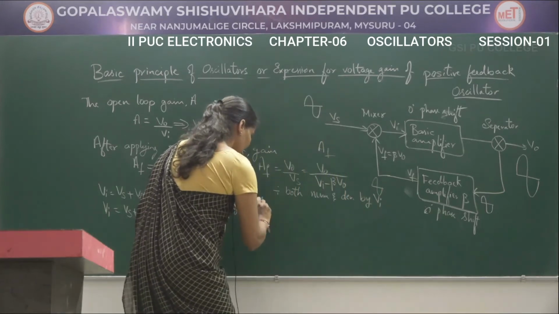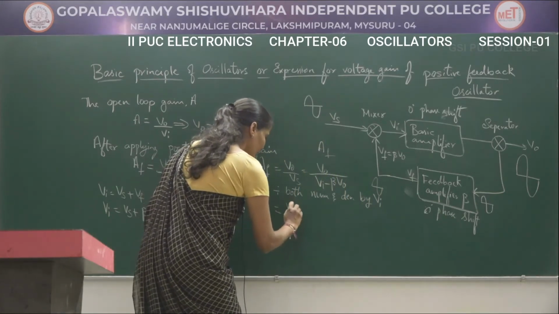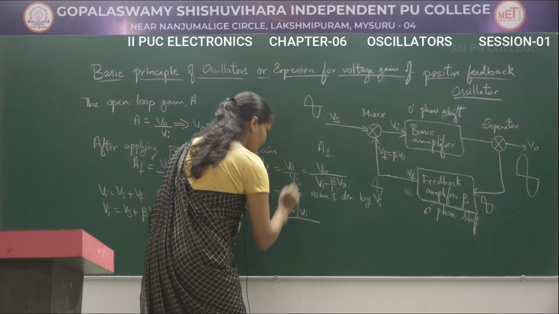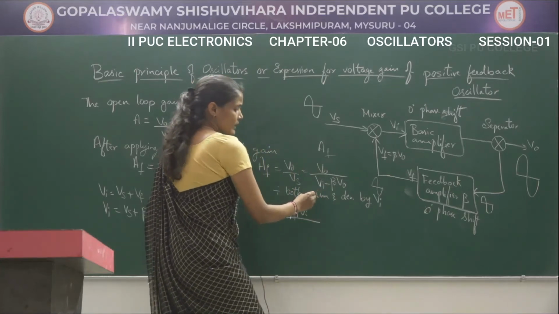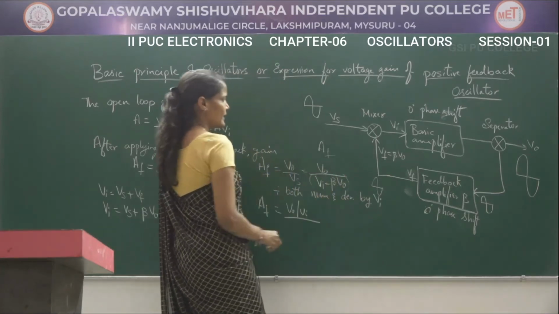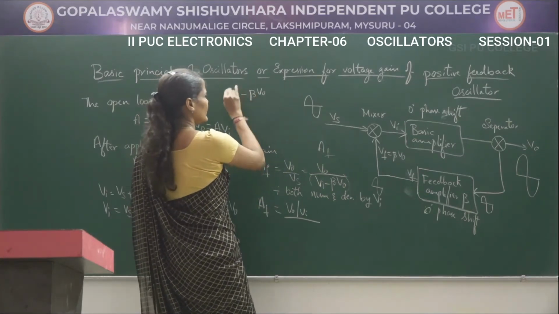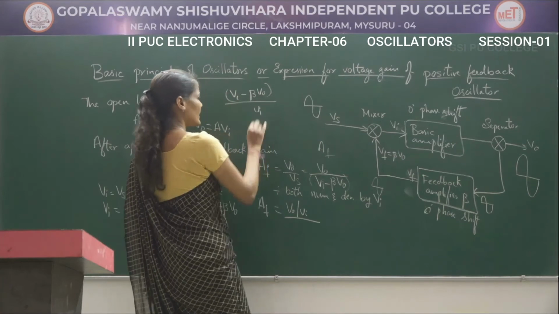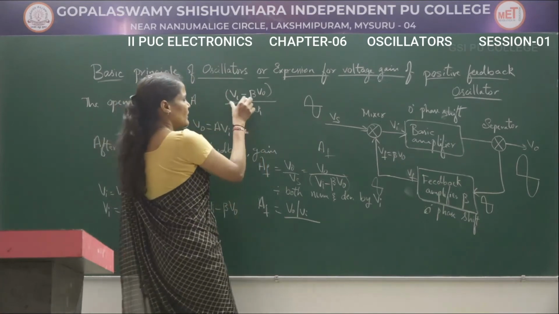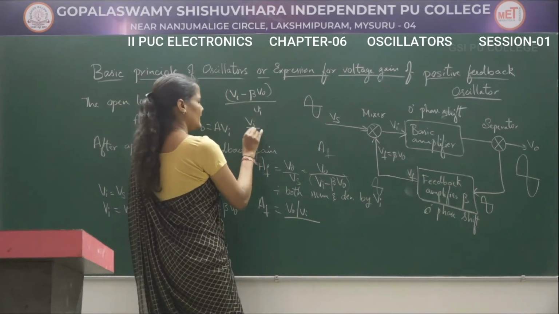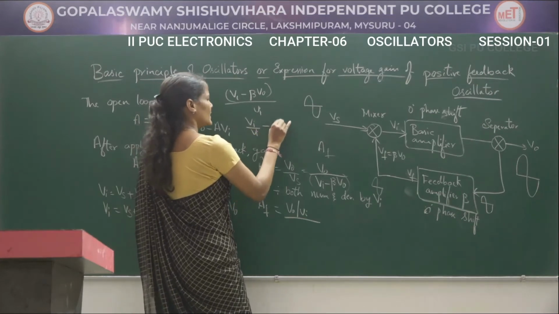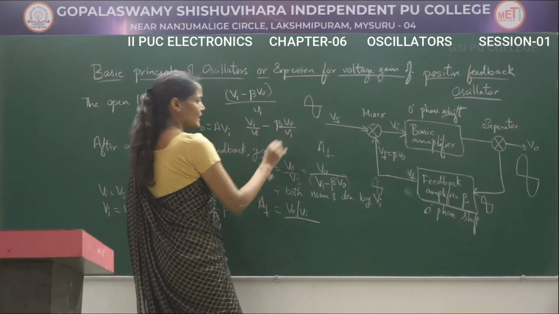are going to get is AF is equal to V0 divided by Vi whole divided by this entire term divided by Vi. Vi minus beta times of V0 divided by Vi. So if I want to separate this, Vi divided by Vi minus beta V0 divided by Vi.